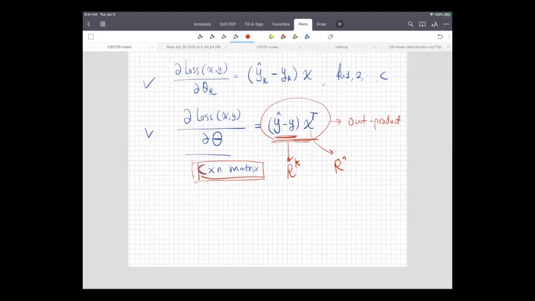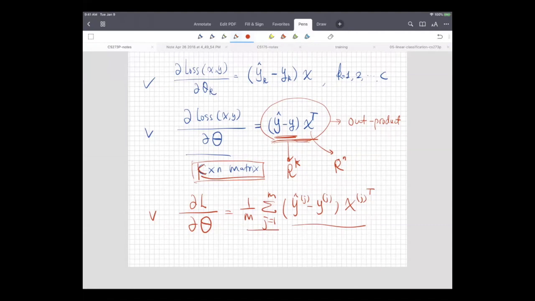Now this is for one sample, so you aggregate over all samples for the loss function. I'm going to use this big theta notation here, and that will be the average over all examples you have. That will be y predicted for the jth sample minus y for the jth sample, which is the prediction error, times the jth sample input, transposed. That's the probability from one sample, and you average them.